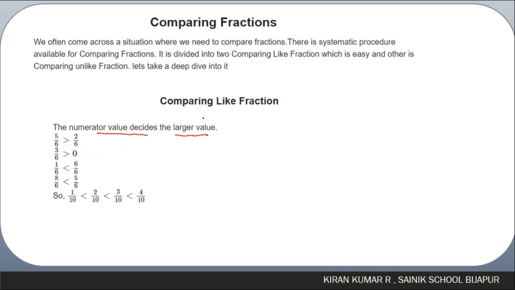The reason is 3 by 6 is larger than 0 by 6. 0 is the same as 0 by 6. Look at only the numerator, 3 greater than 0. Therefore, 3 by 6 is larger than 0 by 6.